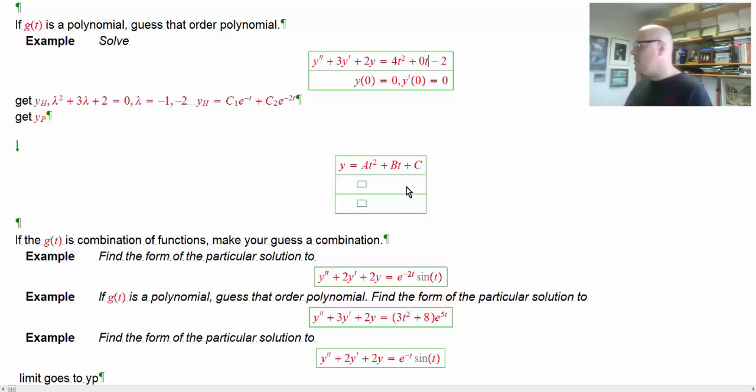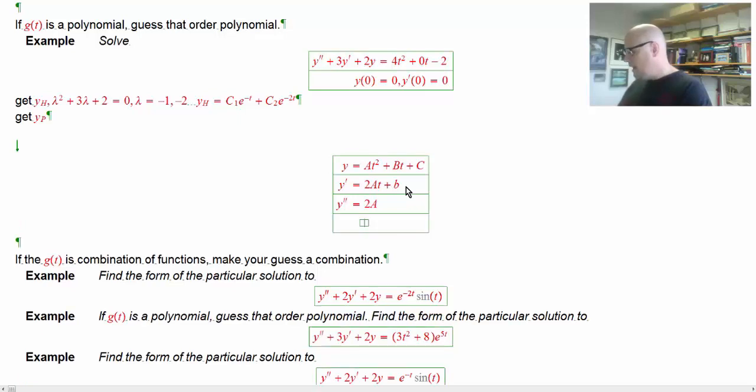I need the derivative, 2at plus b, and I need the second derivative of my guess. I'm subbing these three, the second derivative, the first derivative, and the no derivative, into the left-hand side and setting it equal to the target function.